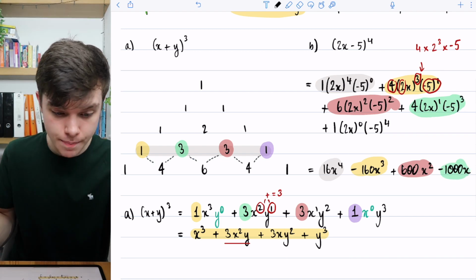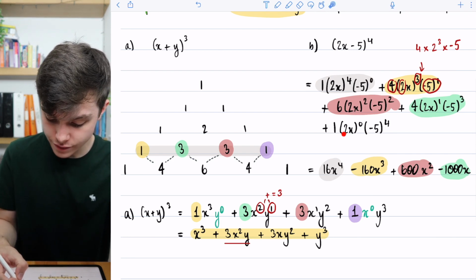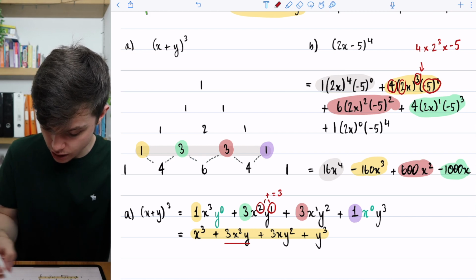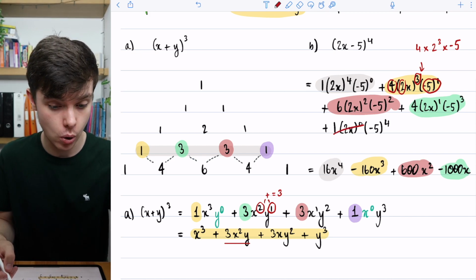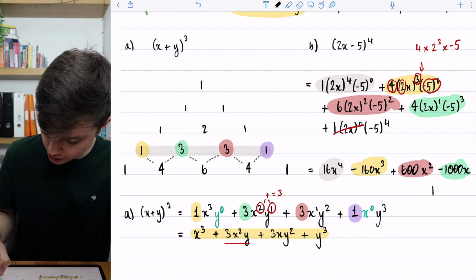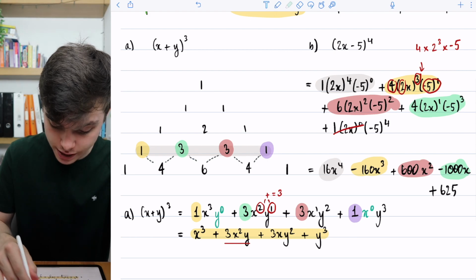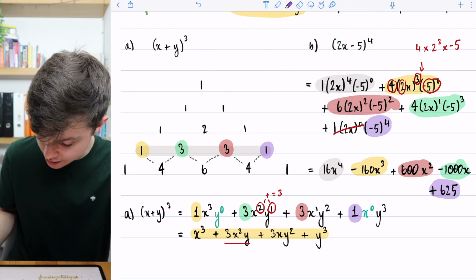And then the final term is just, well, we have a 1, that's not going to help. We have 2x to the 0, that's also going to be 1. So really, we kind of don't need those terms. We just need minus 5 to the 4. And that, when you put into a calculator or work it out, is plus 625. And it's just basically that bit there that gives me that term.